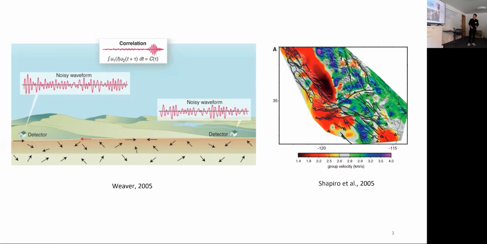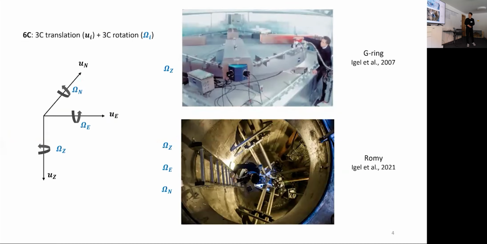And then if we have another kind of observation, rotation, which measures the rotated angle during medium deformation, what can we do in terms of microseismic noise?